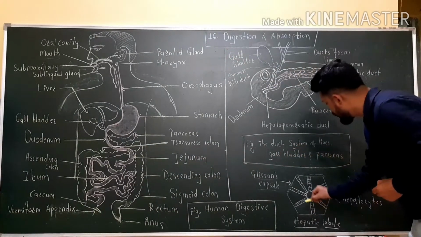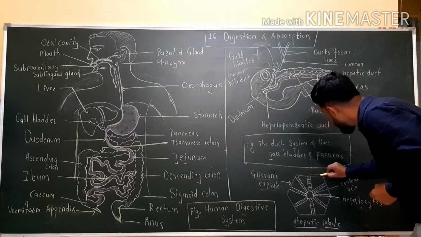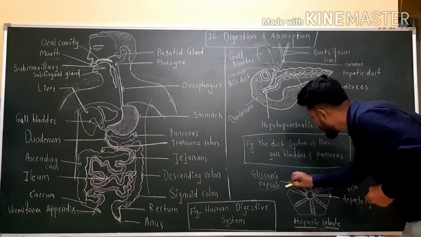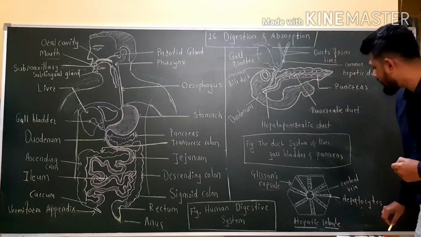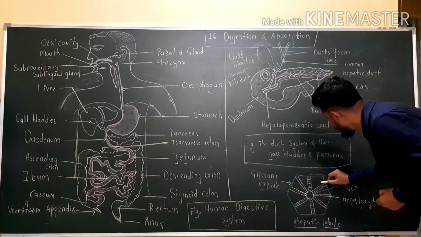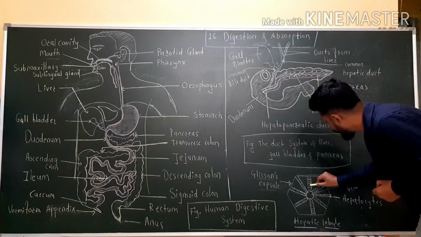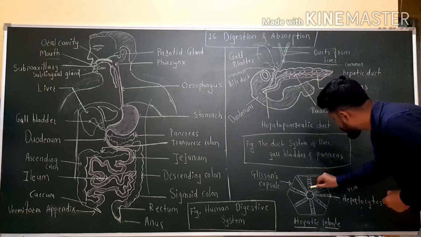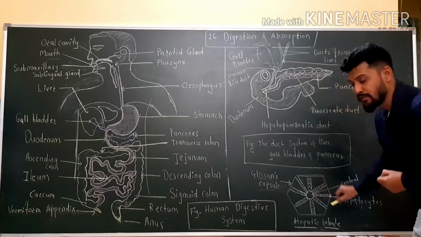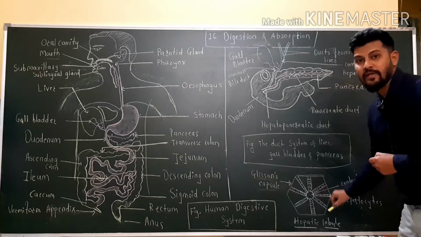Each hepatic lobule is covered by a connective tissue sheath. This connective tissue sheath is called Glisson's capsule. Inside the hepatic lobule, the hepatocytes or hepatic cells are arranged in the form of cords. These hepatic cells or hepatocytes release the bile juice, and this bile juice is carried away by the hepatic duct.